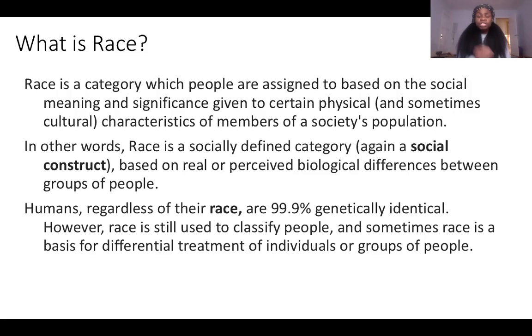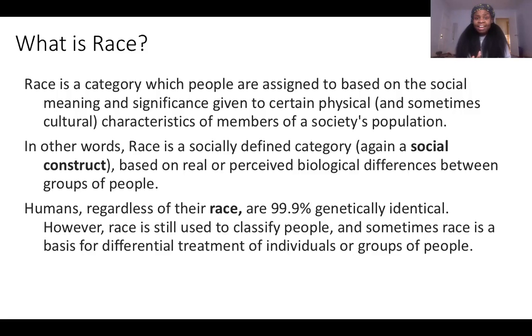And the reason why sociologists will always say this is because humans, regardless of their race, are 99.9% genetically identical. Okay? You cannot swab someone's mouth to find their race. Okay?